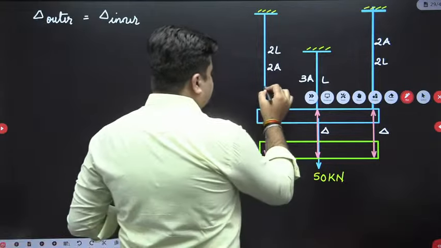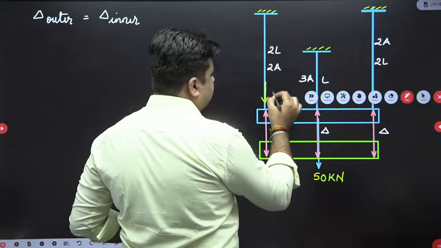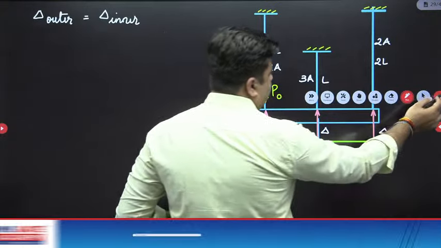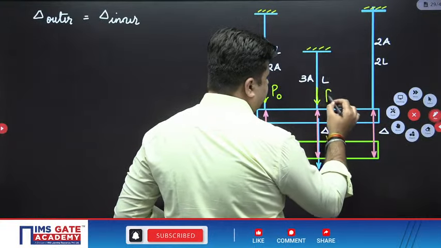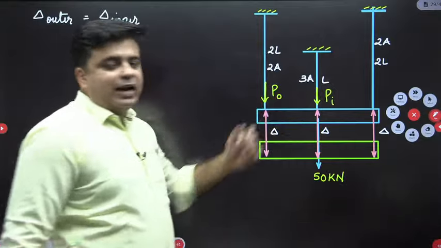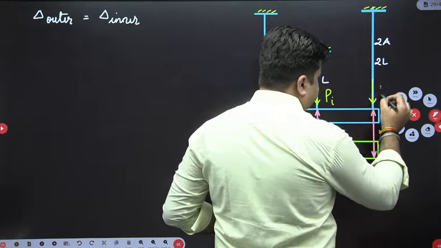If the force in the outer bar causing this deformation is P outer, and the force in the inner bar causing this deformation is P inner. So what I can write here? So here also the force developed is P outer.